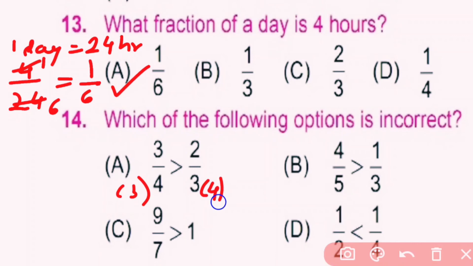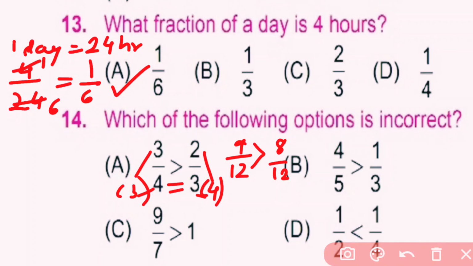So 3 3s are 9 and 3 4s are 12 and 2 4s are 8 and 3 4s are 12, and here 9 is greater than 8. So 9 by 12 is greater than 8 by 12. So here option A is correct.